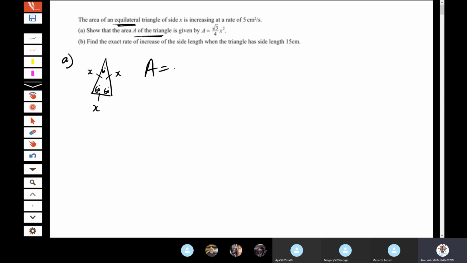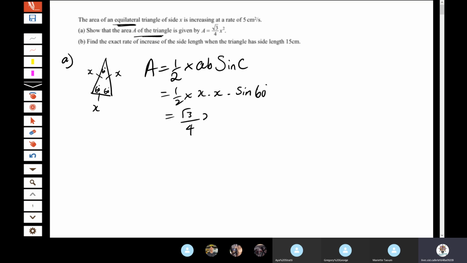Area equals half times... what's the formula? Sine C. Half ab sine C. Half times x times x times sine 60 degrees. Sine 60 is root 3 on 2. I think we've got it. Root 3 on 2 times 2 is 4, so root 3 on 4 x squared.